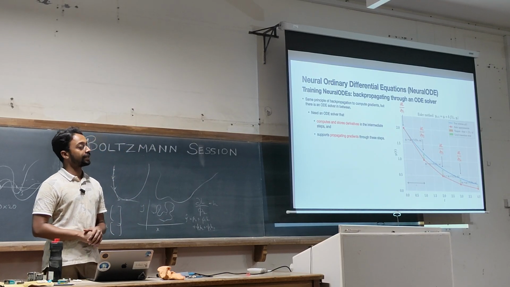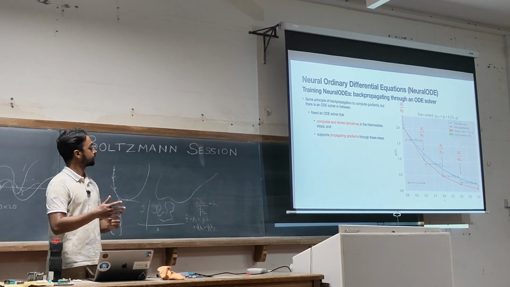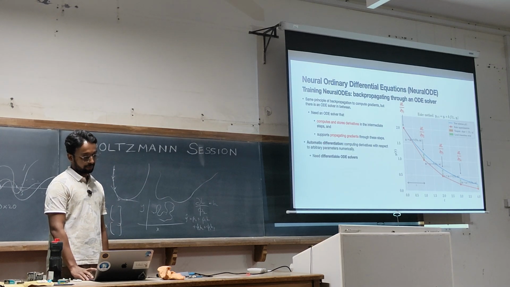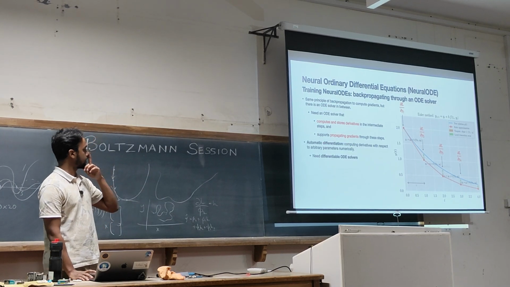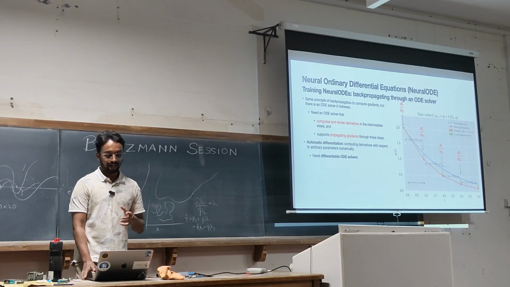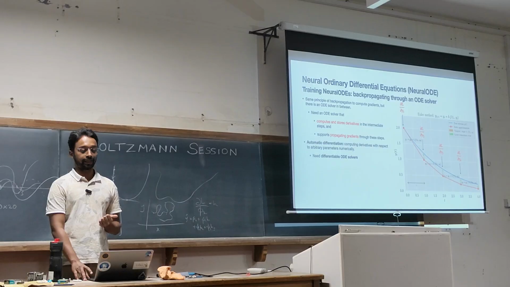So you need your ODE solver to support computing derivatives through it. There are specific ODE solvers which have this ability to compute derivatives in between, and these are called differentiable ODE solvers.